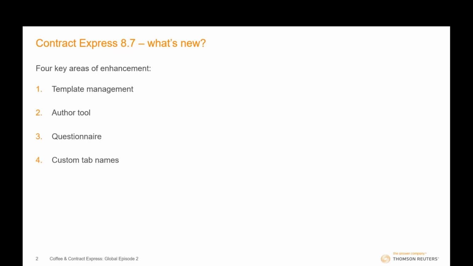But I really just wanted to cover the 4 that I think will be of key interest to this group today. So they are covering some improvements that we've made around template management, some improvements we've made to the author tool, some changes to the questionnaire, and finally the introduction of custom tab names.